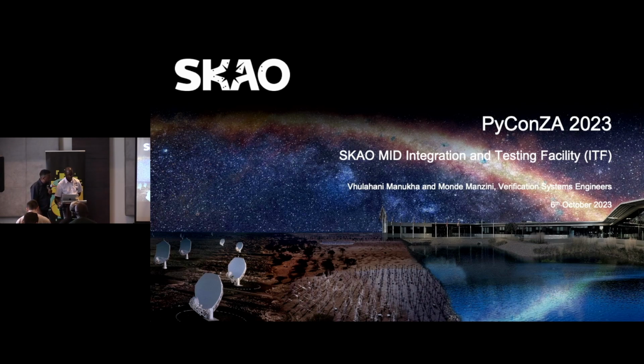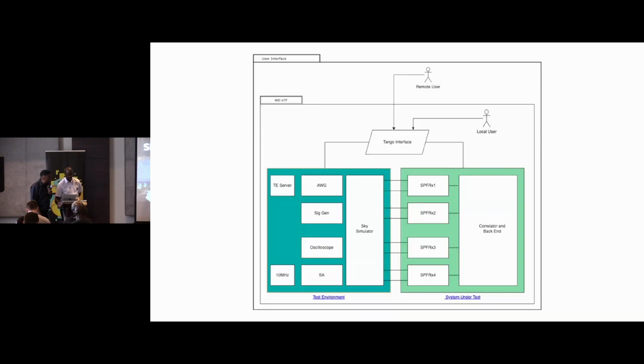So our task as verification engineers is to build what we call an integration test facility. This test facility is made up of a test environment and the system under test.